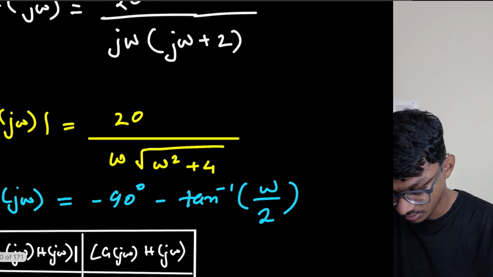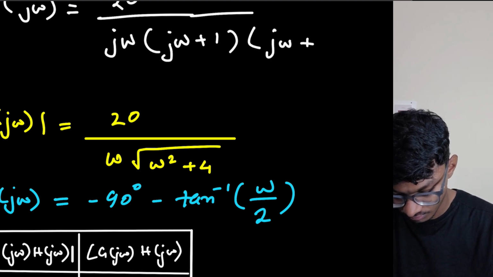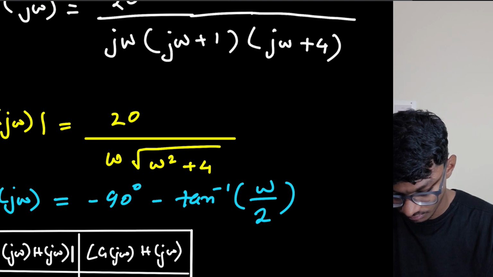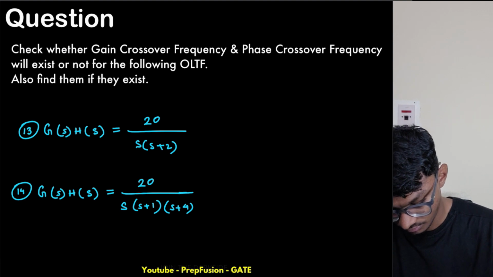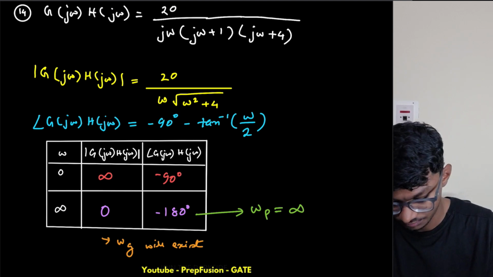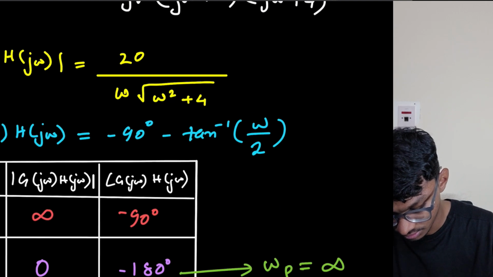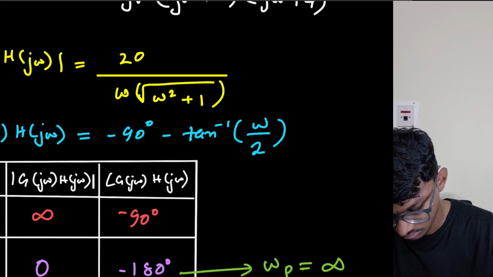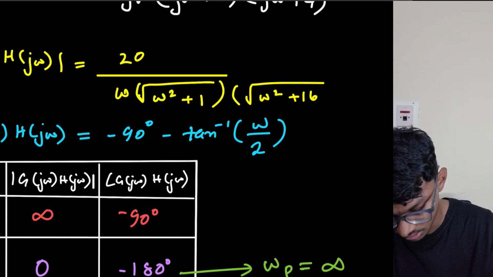So it is 20 by s into s plus 1 into s plus 4, and the magnitude involves omega square plus 16.